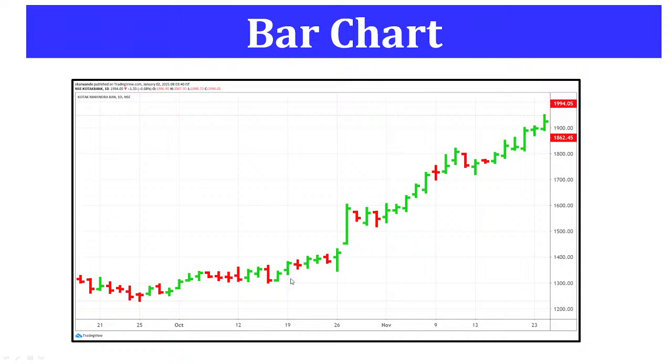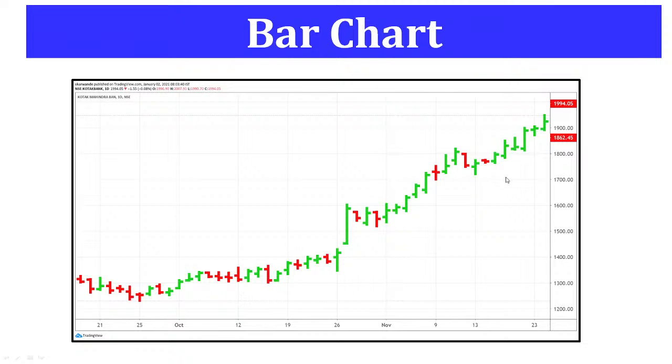Now you can clearly see there are some red bars telling me that the stock has closed lower on that day. And by looking at this bar chart, we can understand that the stock has been moving from a level of 1200 to 1900 plus.